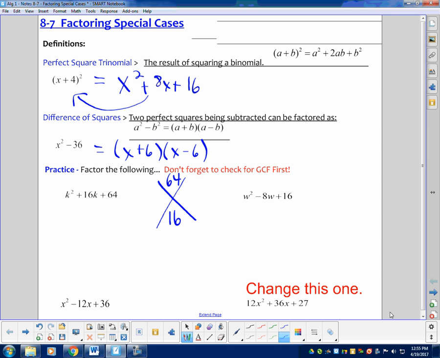What multiplies to equal 64 but adds to equal 16? It's 8 and 8. So what does that mean in terms of my factors? What are my two factors written in parentheses?